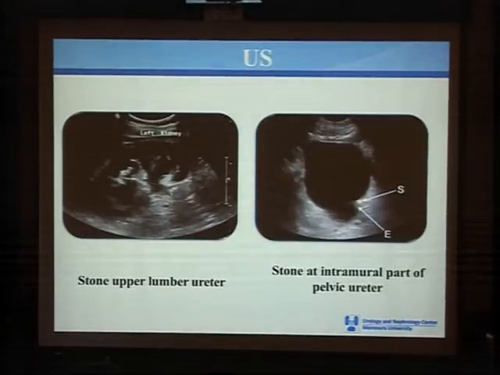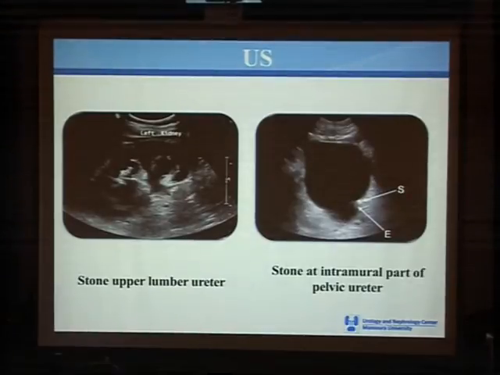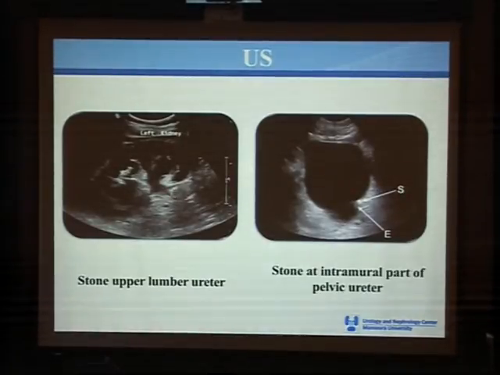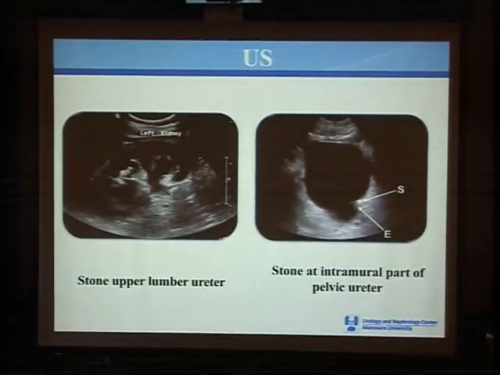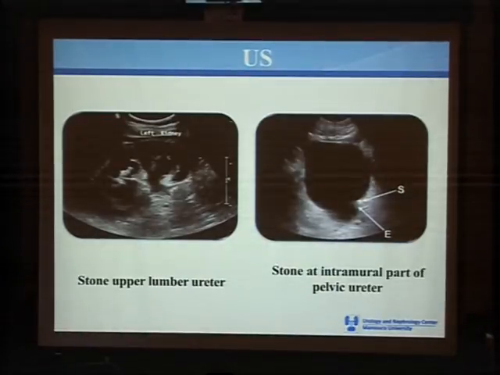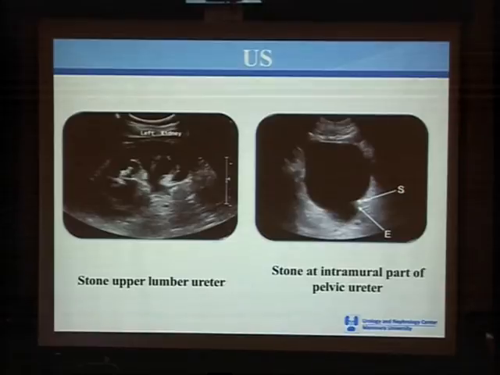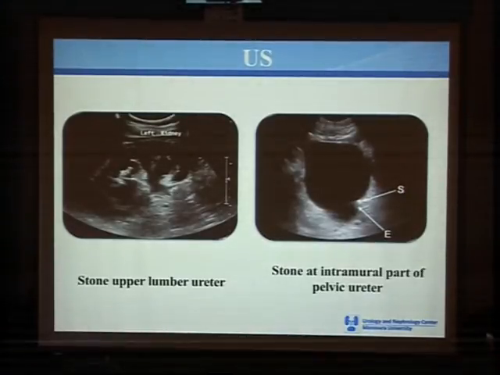And here is an example of a stone visualized in the upper part of the lumbar ureter, and another stone in the lowermost part of the pelvic ureter. So these are the sites where the ultrasound can see stones. But the middle part of the ureter is blind to the ultrasound because of bone and gas.